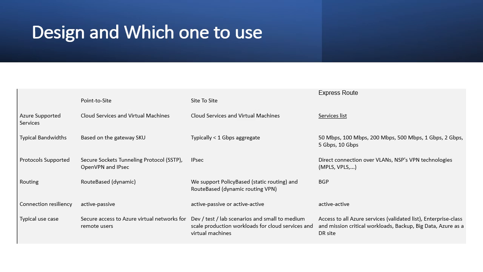It is mandatory only if you want to do active-active with more than 2 VPN devices on your on-prem network. But in ExpressRoute, it is mandatory to set up the BGP protocol, and it is always active. It is required for enterprise-class and mission-critical workloads, backup because it's faster, a private connection, and using Azure as a DR site.